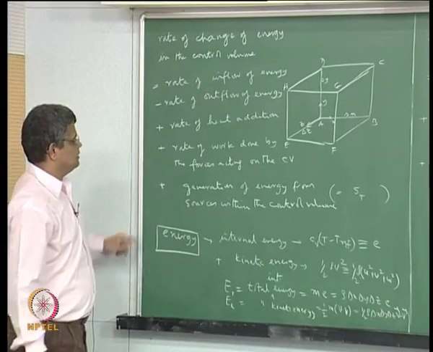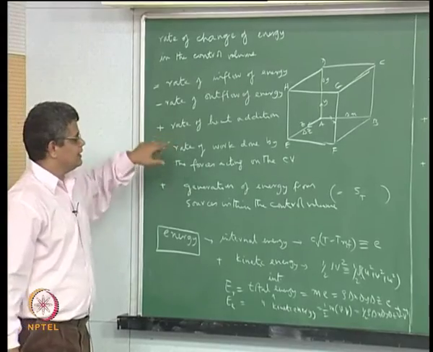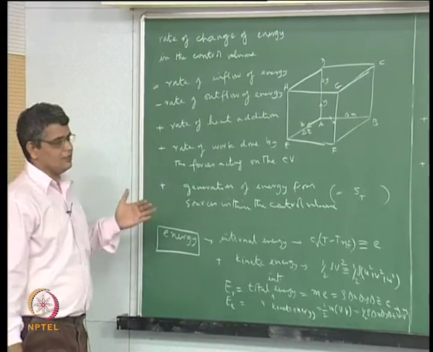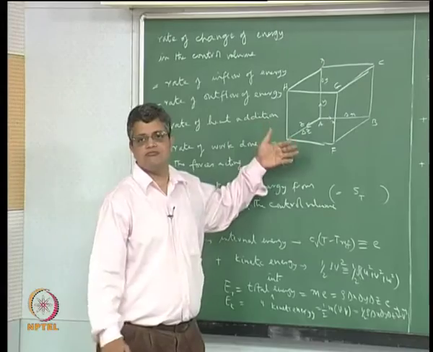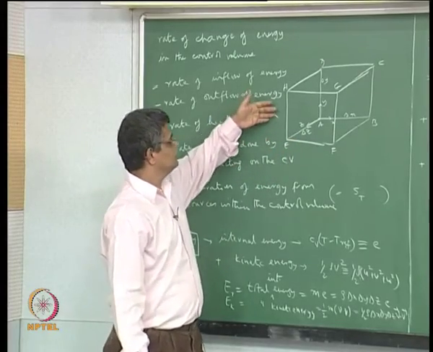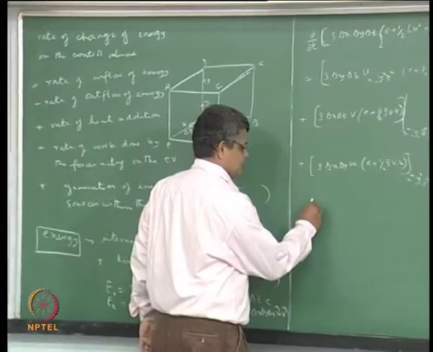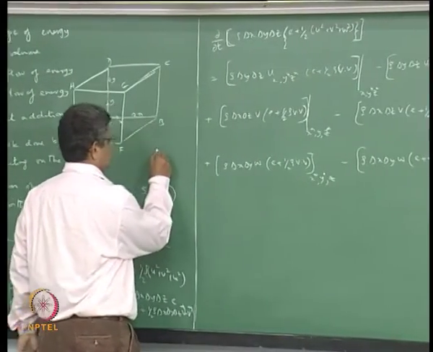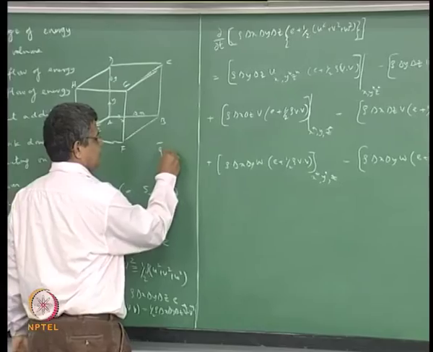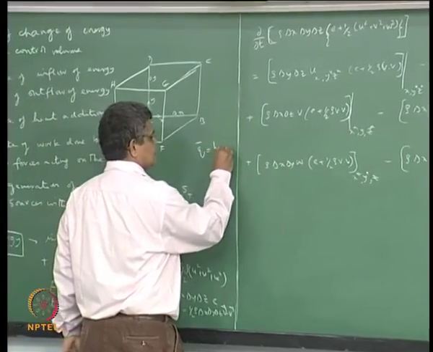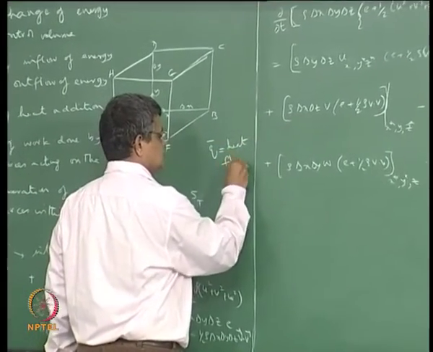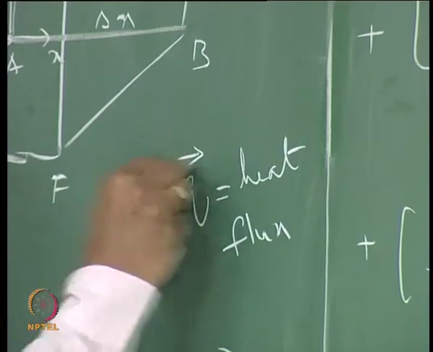the control volume, plus rate of heat addition. We say that heat is coming in, for example, by conduction through the faces, and at each face we have a heat flux Q. Q is the heat flux, and this is a vector quantity.